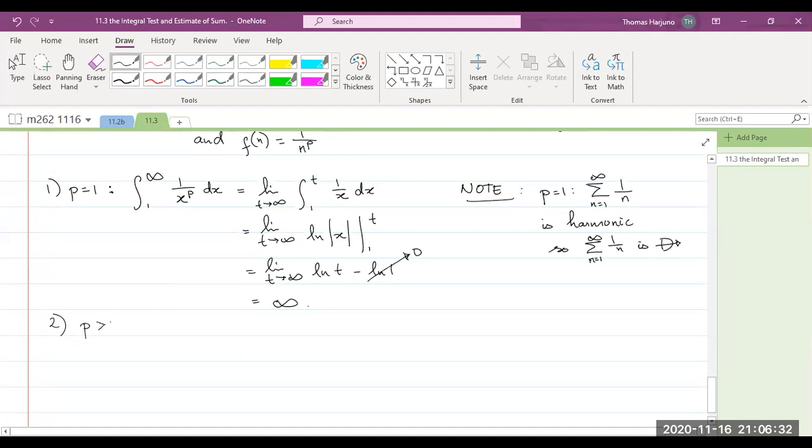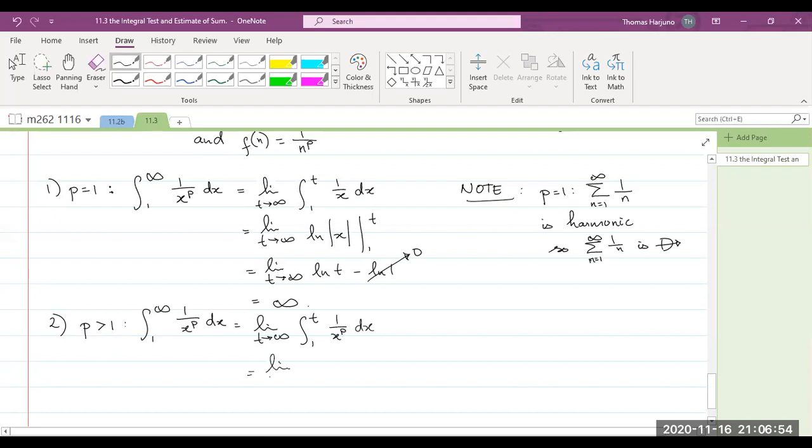Let's say p is greater than 1. So that's the integral from 1 to infinity of 1 over x to the p dx. That's the limit as t goes to infinity of the integral from 1 to t of 1 over x to the p dx.